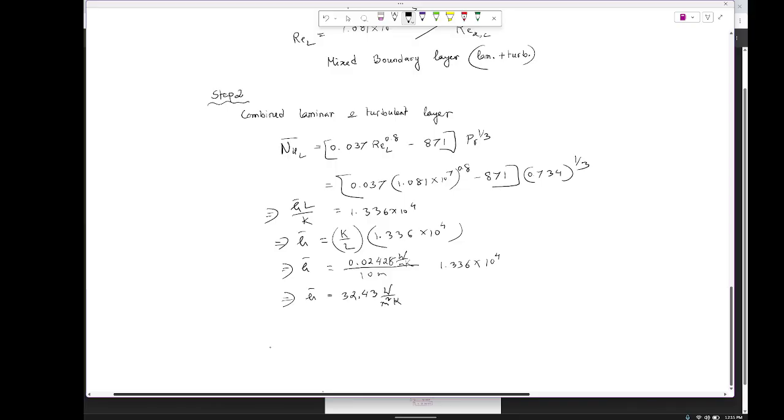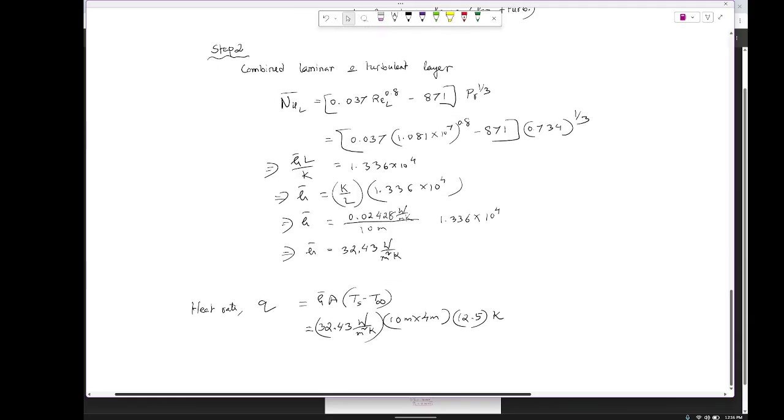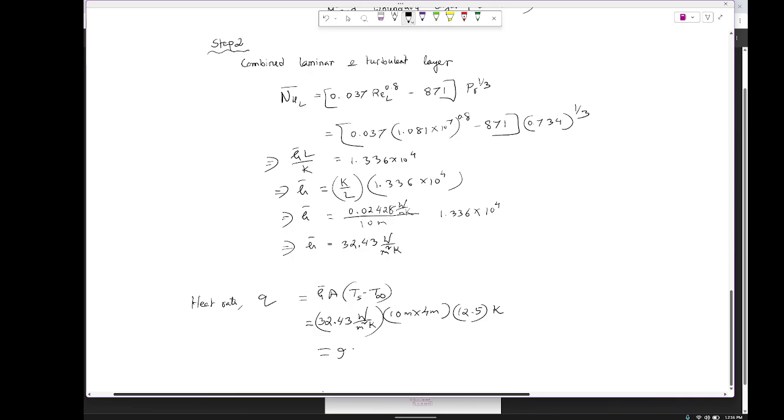Okay, and then you can find the value of the Q, the heat rate, for this side of the wall, which would be H bar A times Ts minus T infinity. That is 32.43 watt per meter square Kelvin, times 10 meter, times 4 meter, times 12 minus 5. You can say this is the same as Kelvin. And then the value should be 908. I don't know, for some reason my notes don't have it.